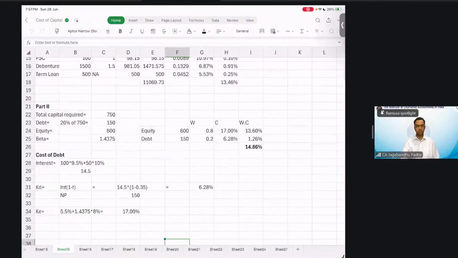You're getting the second part also. At the time of weight calculation, no, we don't take reserve because when you're calculating weightage using market value, you don't take the weights into consideration.